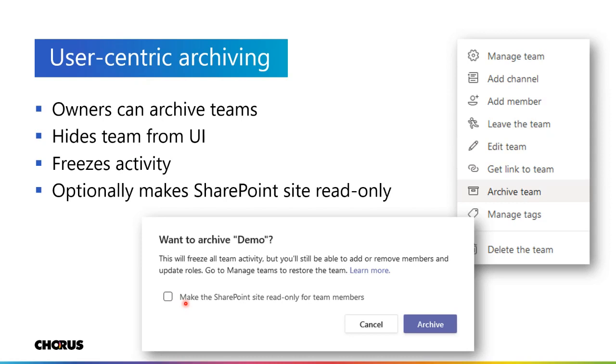This is great for removing clutter from the team's UI, but it doesn't actually delete the team, the underlying group, or its content. So if you are worried about retaining information for longer than you should, beyond its intended life cycle, then we need to look at some other options.